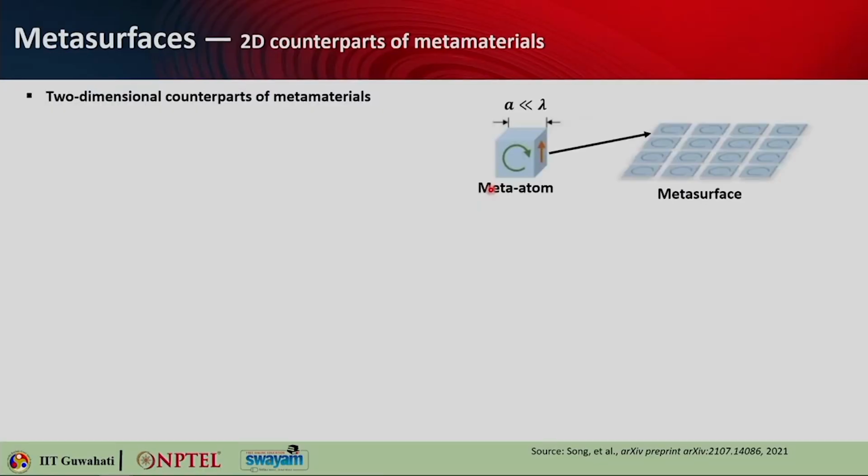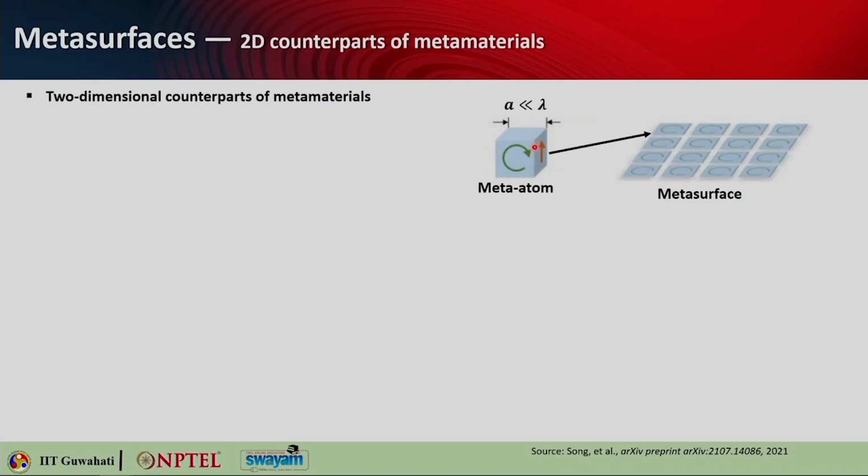If you talk about their 2D counterparts, that's metasurfaces. Simply speaking, metasurfaces are 2D metamaterials. If this is a 3-dimensional meta atom, which is the building block of a metamaterial, you can think of a 2D design as a meta atom for the metasurface.